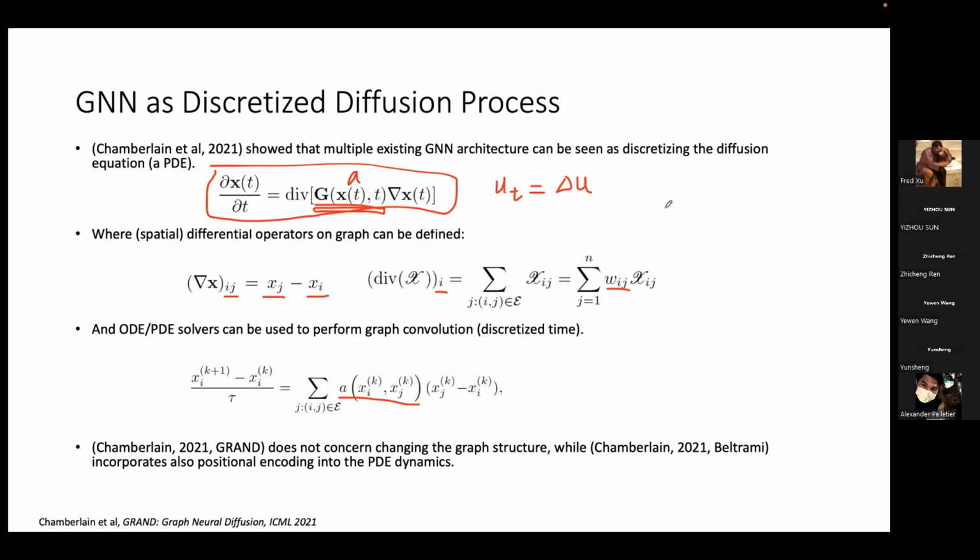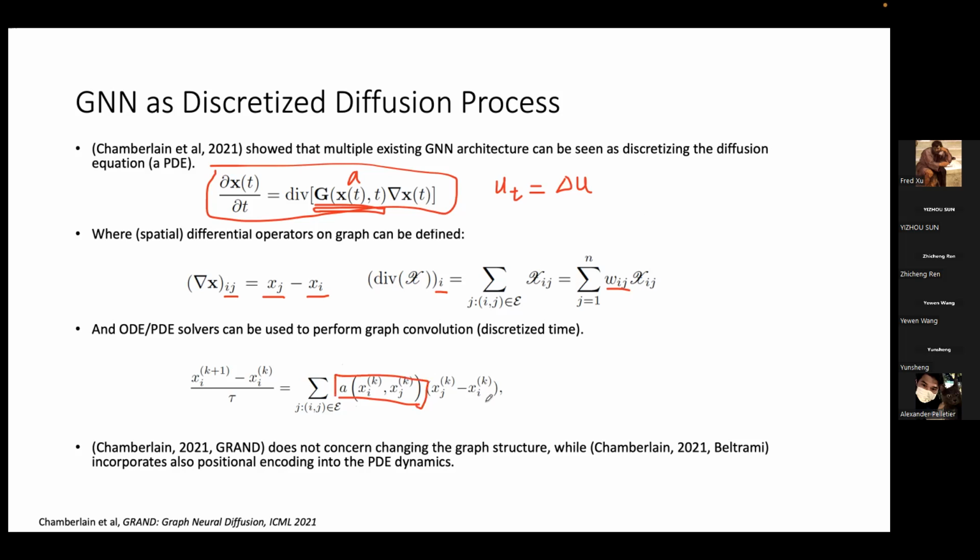Right. So if we think about the standard GAT, it is actually a very interesting way to understand this scheme, because GAT is basically asking what's the relationship, how strong is the relationship between a node and its neighbors. So that corresponds to the strength of the diffusion in this sense.